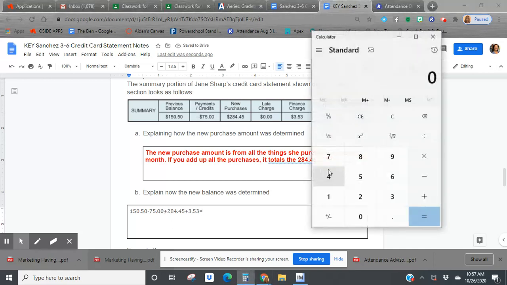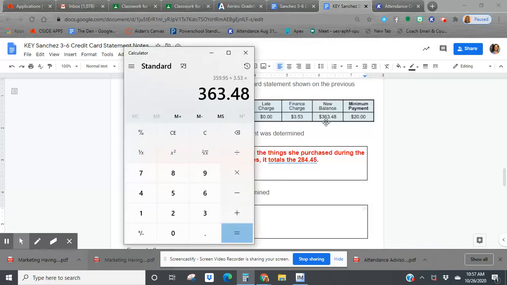So let's double check the numbers. $150.50 minus 75 plus 284.45 plus 3.53, and then that 363.48 is your new balance.